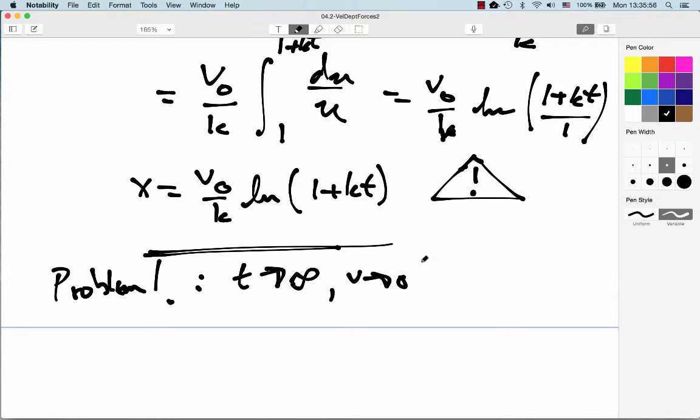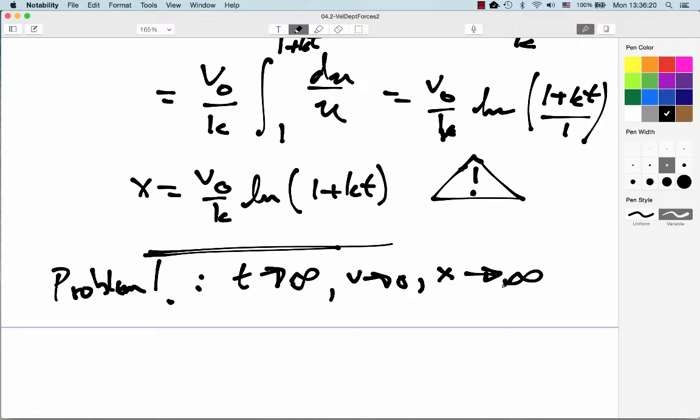We will be taking the natural log of infinity, which is still infinity. So that means that the position is going to infinity. So according to this, you're asymptotically approaching a speed of 0, but you'll always keep moving.